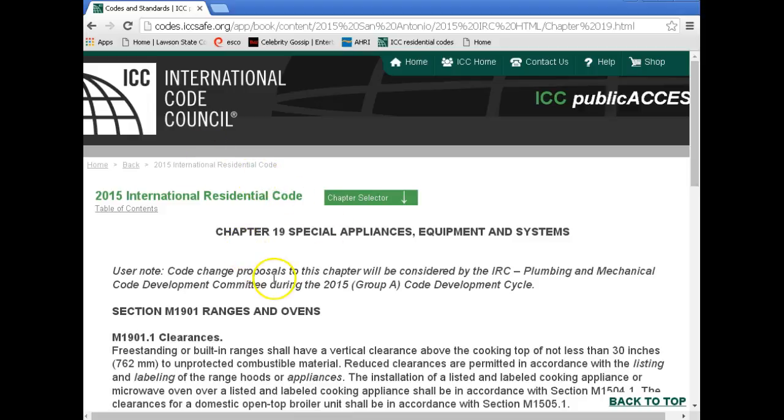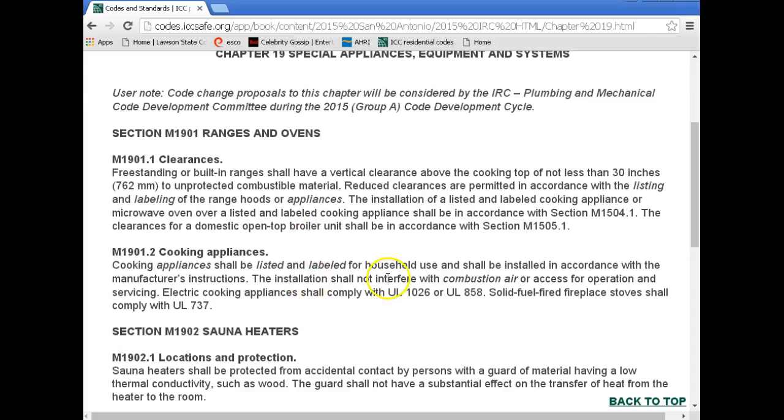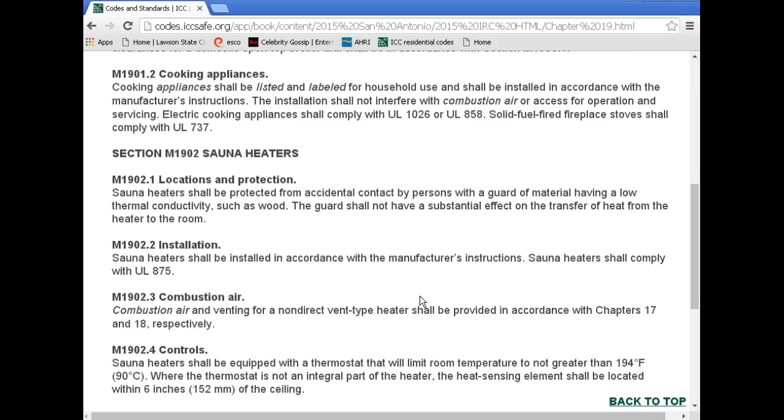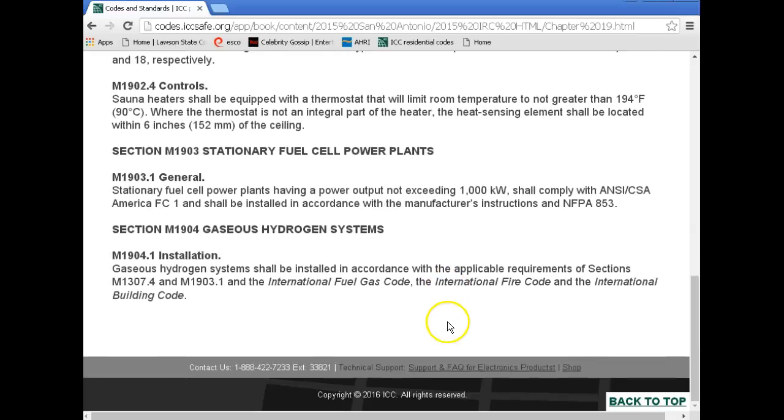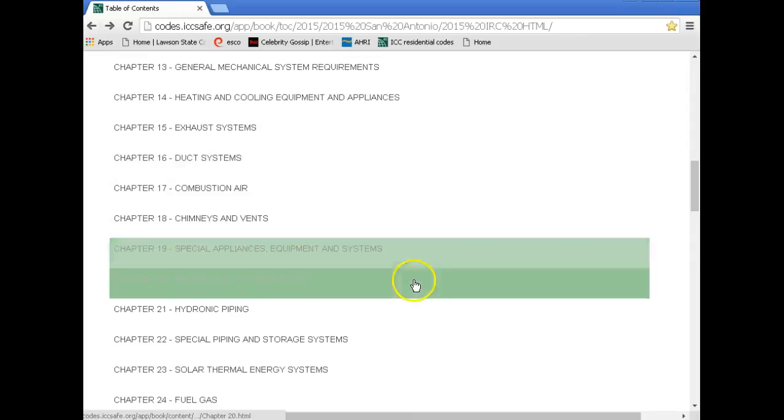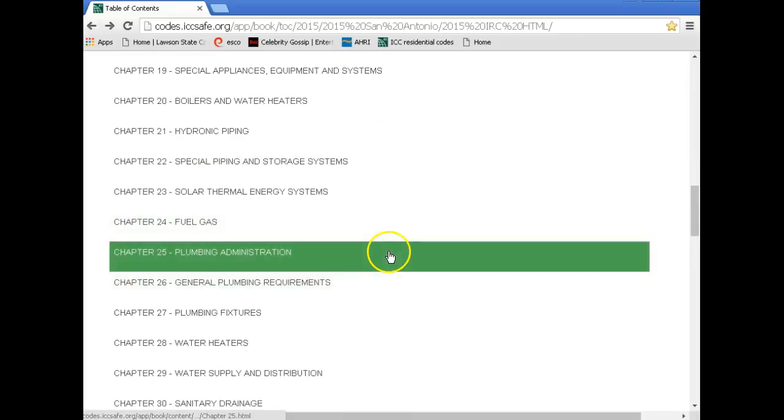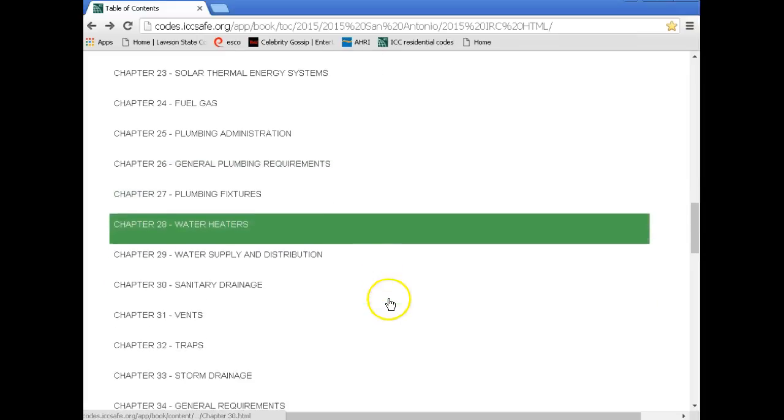See if they added anything into this. Not important here. No plumbing, water heaters.